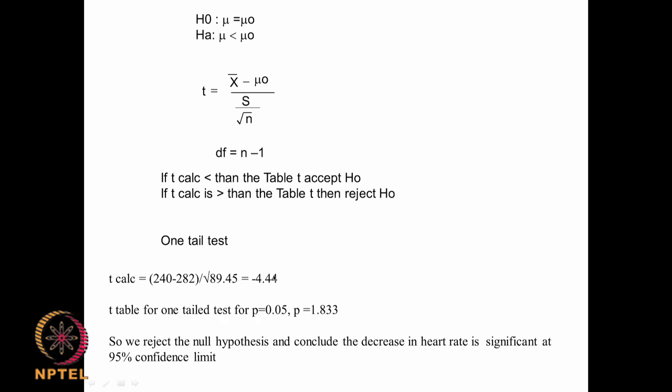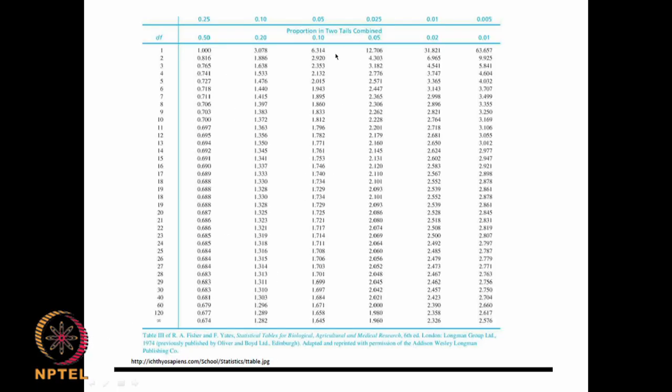Now let us go to the t table. If I go for one tail test for p is equal to 0.05, I need to look into this region. So I get 9 degrees of freedom, because there are 10 rats, so 10 minus 1 is 9, so it is 1.833.